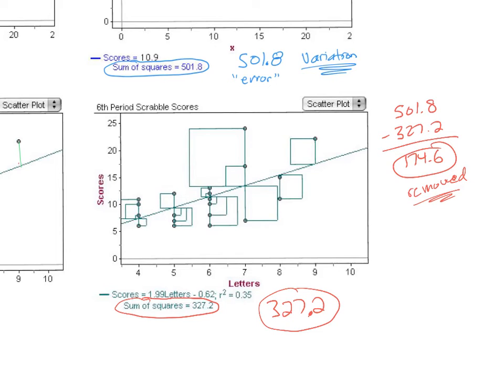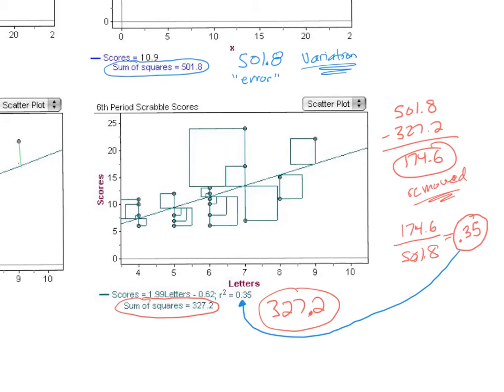So it might be interesting to know, from a percentage standpoint, how much of the variation I have removed from the problem. So I could take that 174.6 and divide it by 501.8. That was my original amount of variation. And if you do that, you get 0.35. And if you look at our information here, that is exactly the same as r squared.